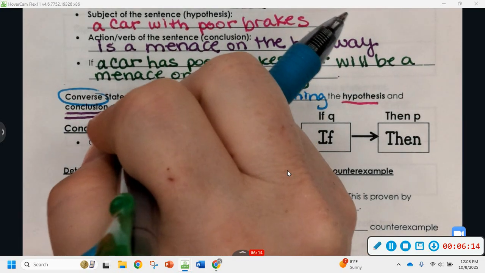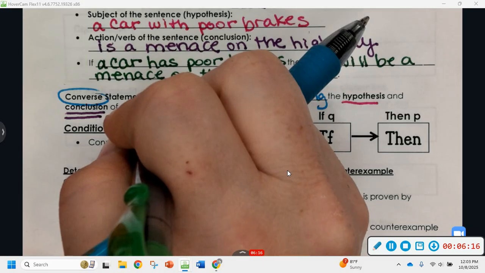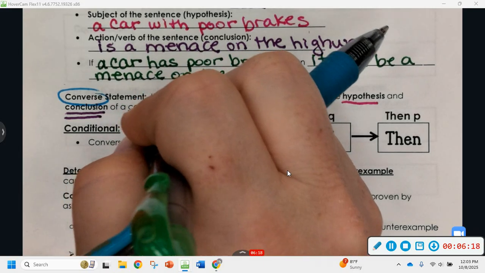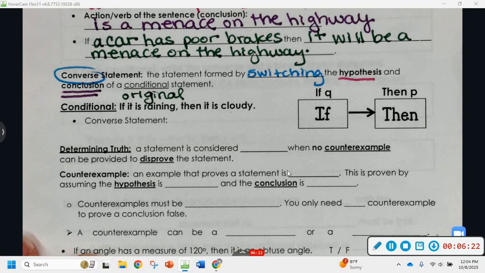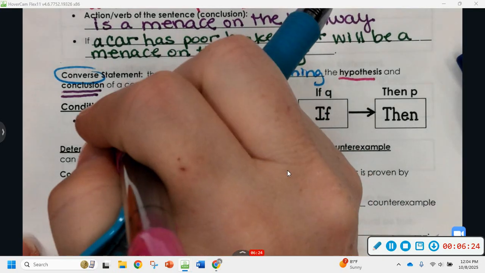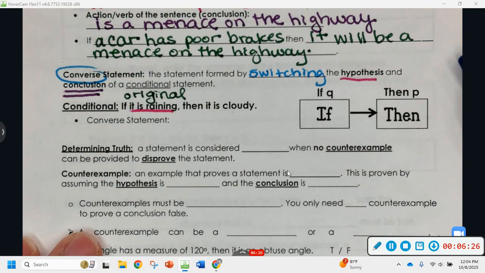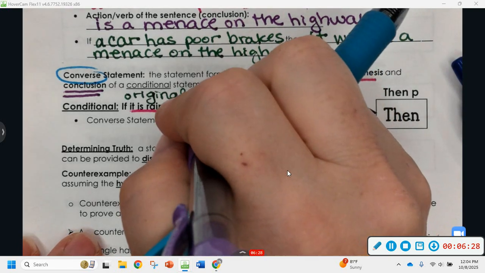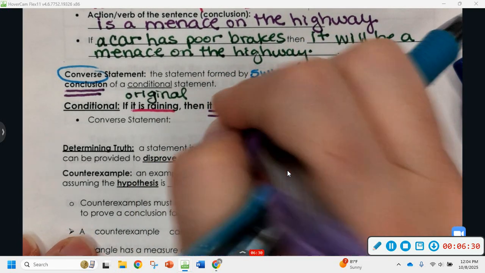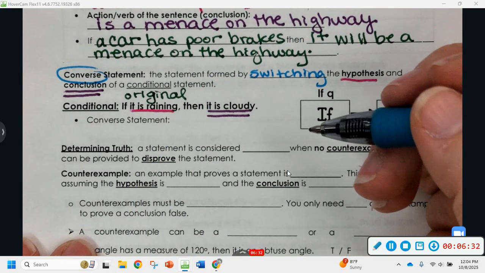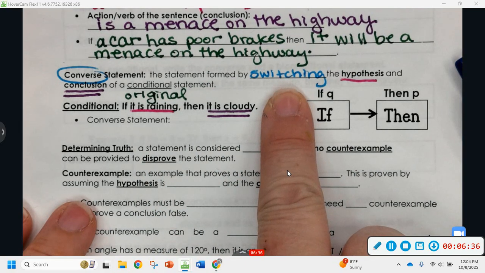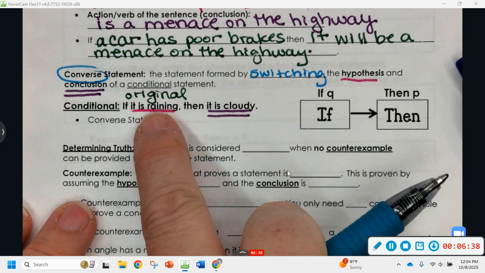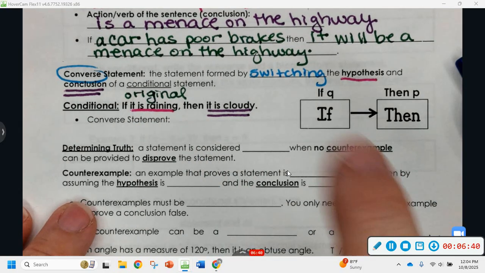Remember, the conditional is that original. So we had before, if it's raining, then it's cloudy. Remember, it is raining is the hypothesis, and the conclusion is that it's going to be cloudy. So my converse switches them. We're going to say, if it's cloudy, then it's raining.